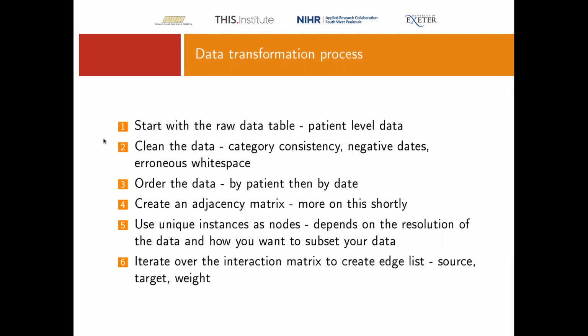So we've got to make sure we thoroughly clean our data. But the important thing is getting the order of the data correct in order to be able to develop our network graph.